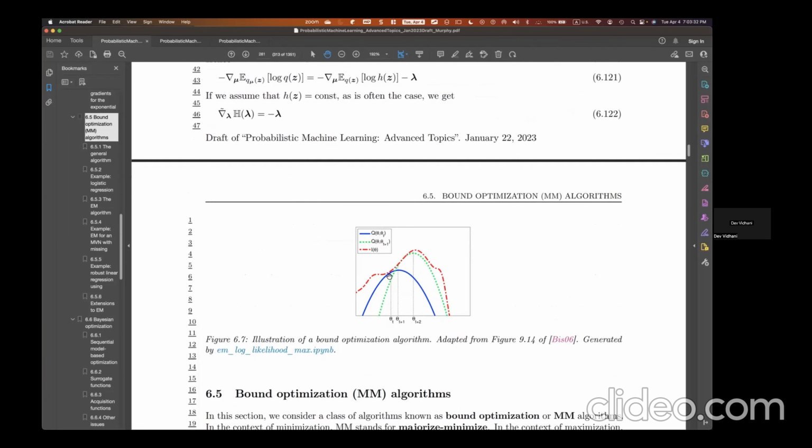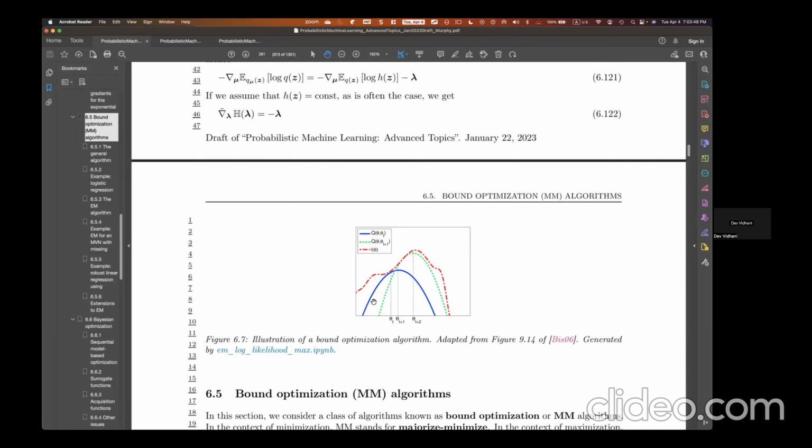So the actual function in this case, let's say L, is this red function that they show here. And let's say that you have time t. So the Q is the surrogate function that they have here in blue.